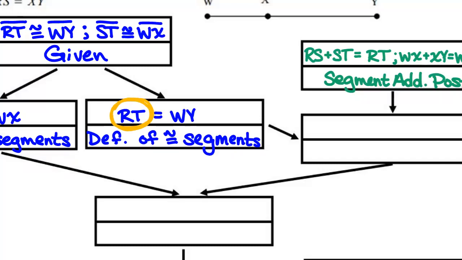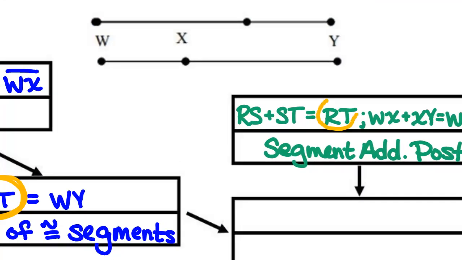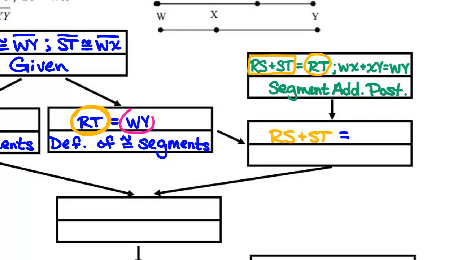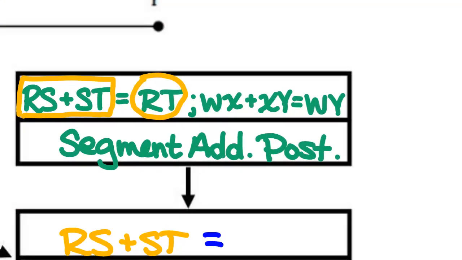Here I have RT. Well, here's RT, and it tells me that it is equal to RS plus ST. So can I swap those things out? Yep. So I would have RS plus ST equals, well, here I have WY, but up here it tells me that WY is equal to WX plus XY.